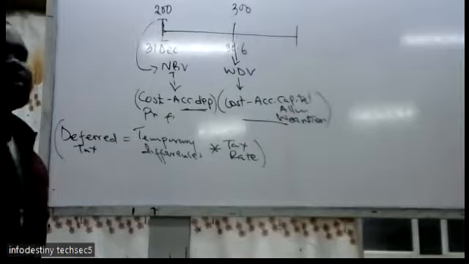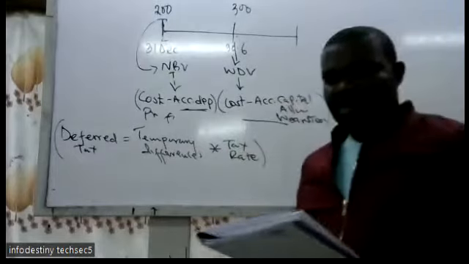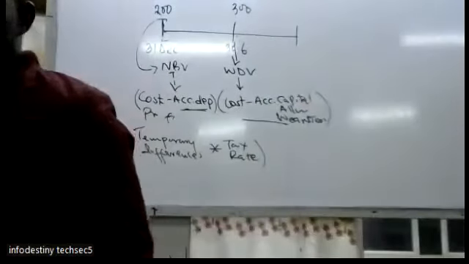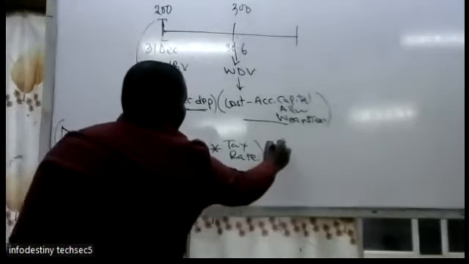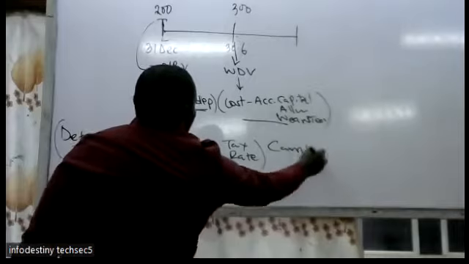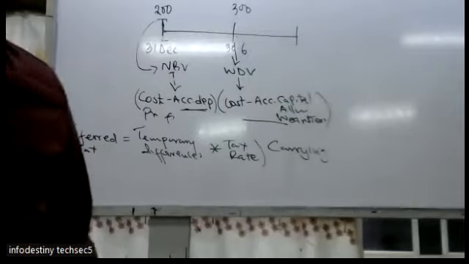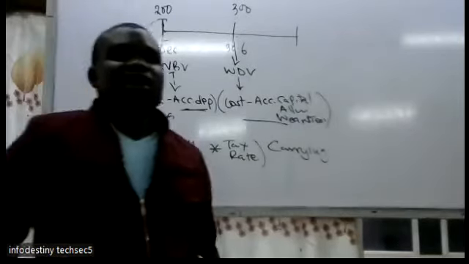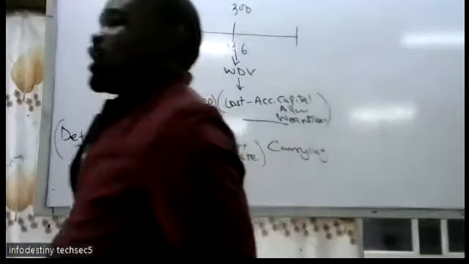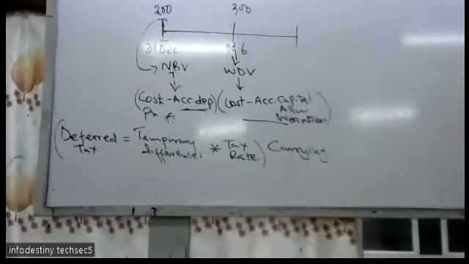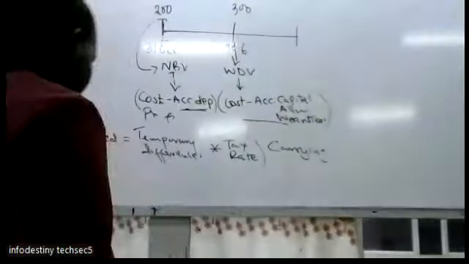Then you say, temporary differences is the difference between the carrying amount of an asset or liability and its tax base.